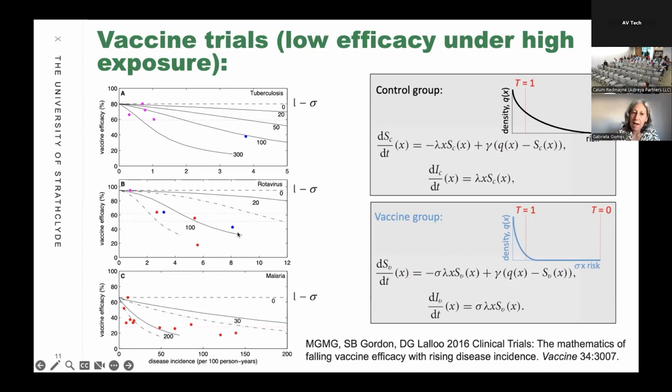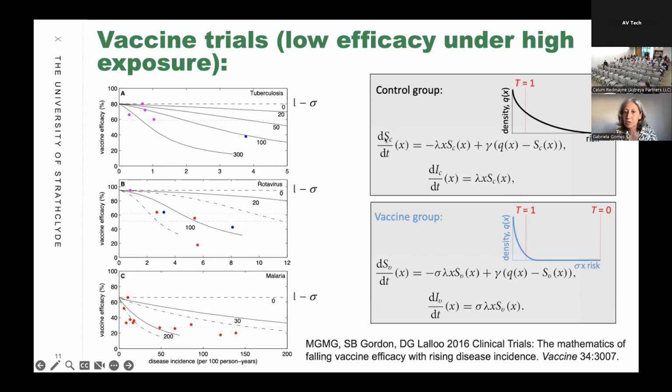And I think what's happening here is that this drop in efficacy from these maximal values that you get in the low transmission regions could be due to selective depletion bias, like I described before. I don't have time to show these models, but I just want to flag that they are very similar.